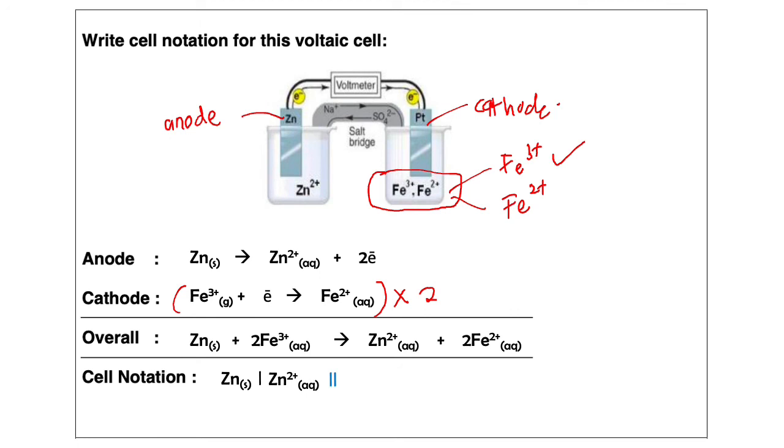Like I said, for cell notation, there's no need to write the stoichiometry. So we just write ferrum 3 plus aqueous, separate, ferrum 2 plus aqueous. Now if you look at the cell notation, I did not write any molarity. Why? Because it is not given. So if it's not given, fine, don't worry, just write the state.